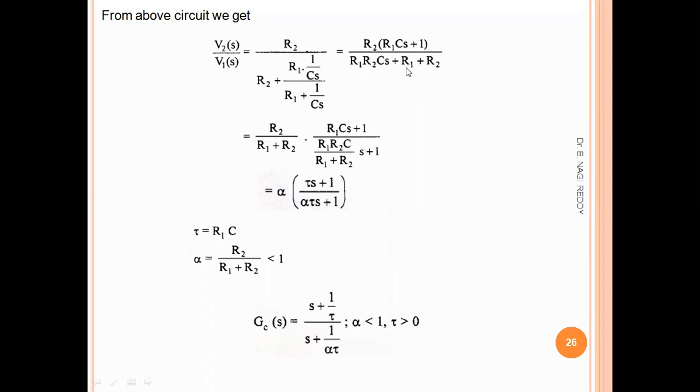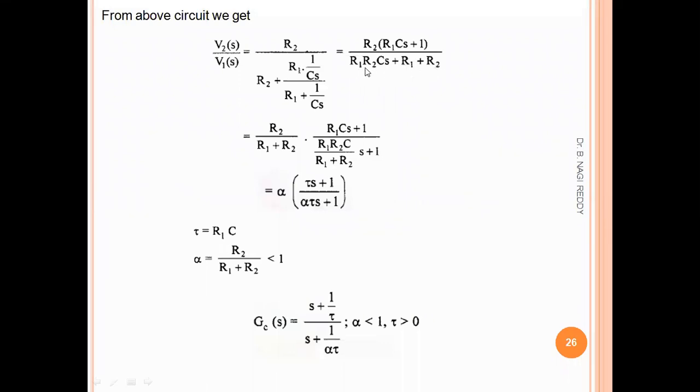I want to take R1 plus R2 as common, because this is the S term, and I want to write the entire expression in 1 plus ST format. So I take R1 plus R2 common.